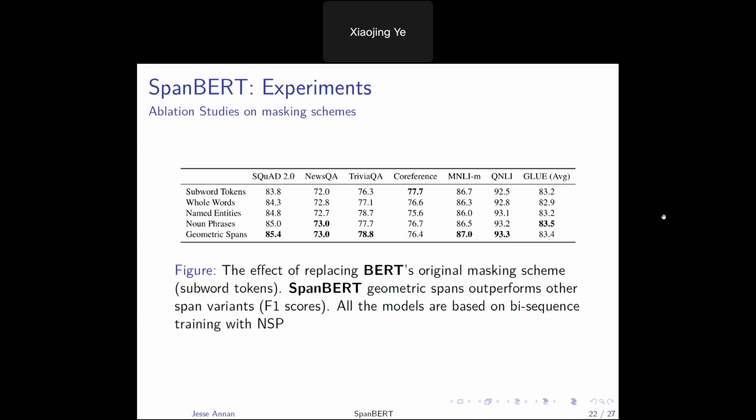But this is because it is using the NSP objective. SpanBERT's novel introduction was to take out the NSP because it introduces noise, right? So if you are using it, probably respect the Coreference, you expect it to do better there.